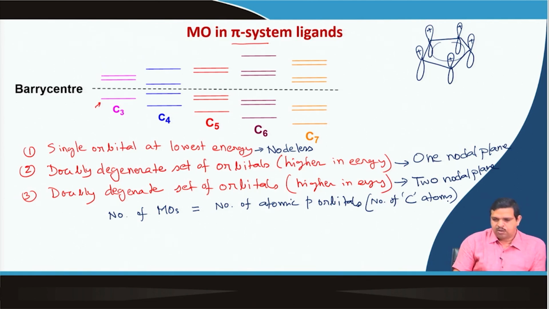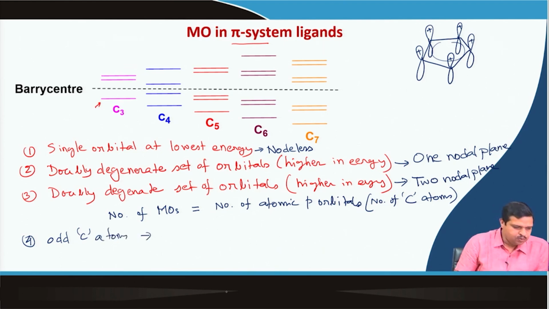Another point: there may be odd or even numbers of carbon atoms in the cyclic polyene system, so you have to consider one more point. For odd carbon atoms, like Cp, the highest antibonding orbitals will be doubly degenerate.